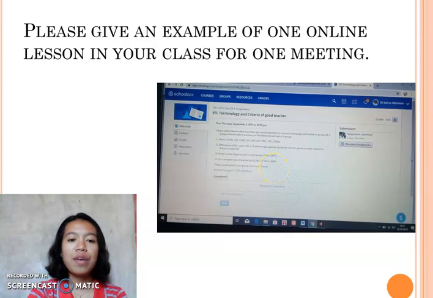The activities that we do in the TEFL lesson through Schoology are: we get the instruction from the teacher. The teacher asks us to make a summary of the material in the book, and then we work in a group.